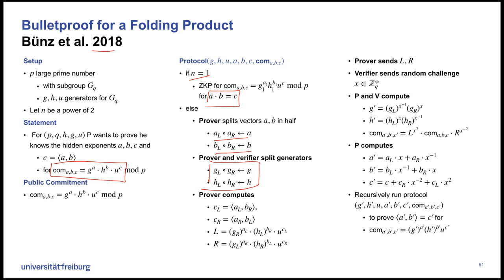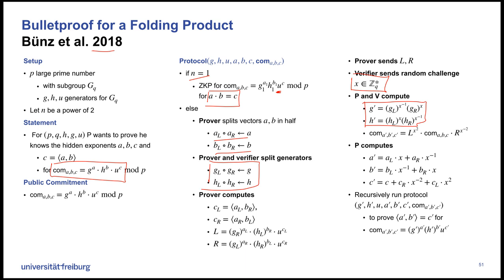The challenge is coming here, and here we construct new generators. But for C, the U is untouched. So this generator doesn't change. Again, this is a trick, changing the generator from one iteration to the next one by multiplying and applying operations.